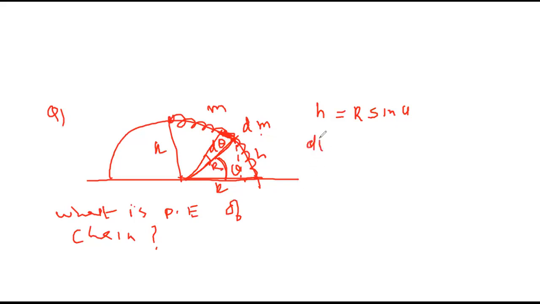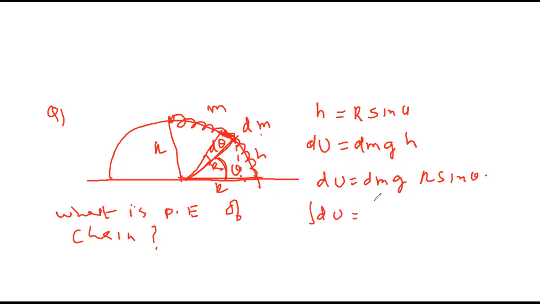Now our small energy dU will be dm into g and the height h of that particular elemental mass. So I can say it is dm into g r sin theta. So total potential energy will be the potential energy of all small masses added.